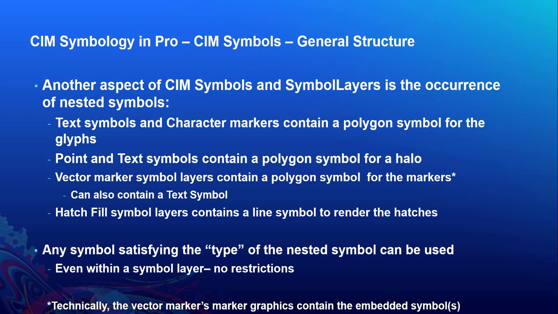No restrictions. It doesn't really matter on the context. Of course, whether the end result is effective or makes sense or not, that's a completely different story. But any polygon symbol can be assigned to any polygon symbol property, ditto for point, line, and text.